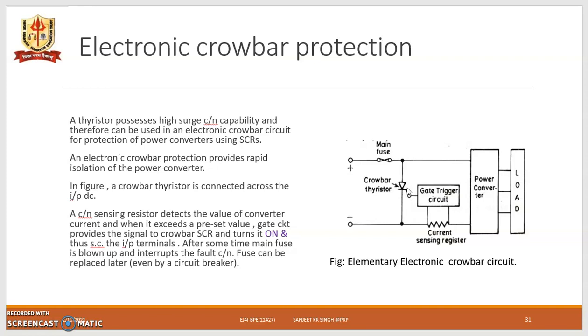For a moment it will carry the extra current, and as it continues for some time, the main fuse is blown due to the heating effect, and thus breaks the supply to the power converter, and it provides the protection. This fuse can be replaced with another fuse, or in some applications with a circuit breaker.